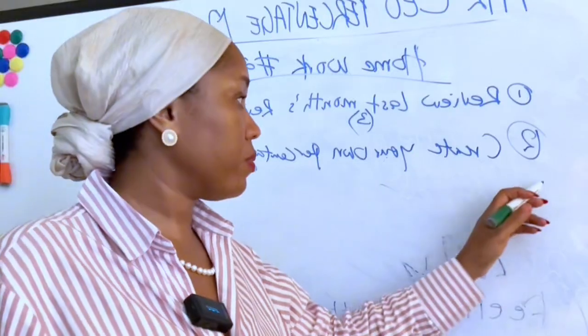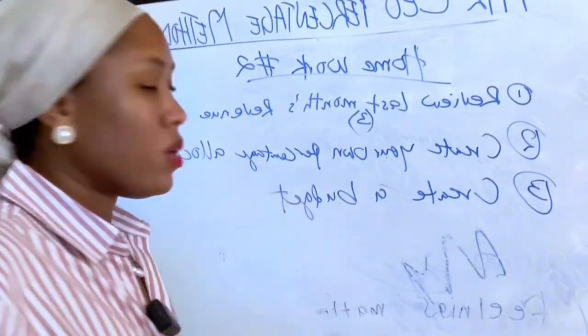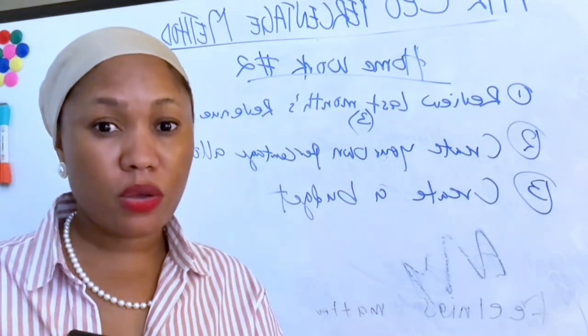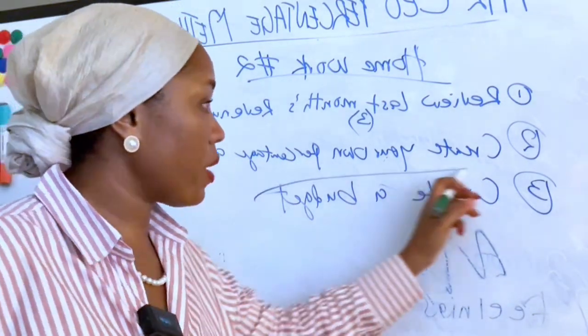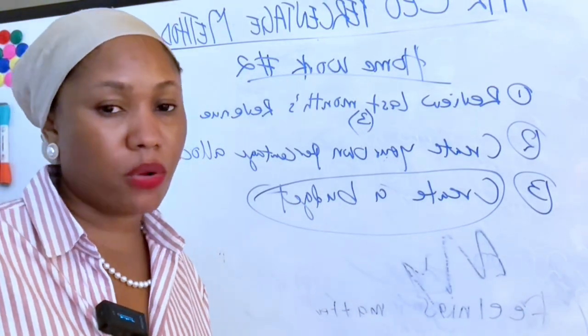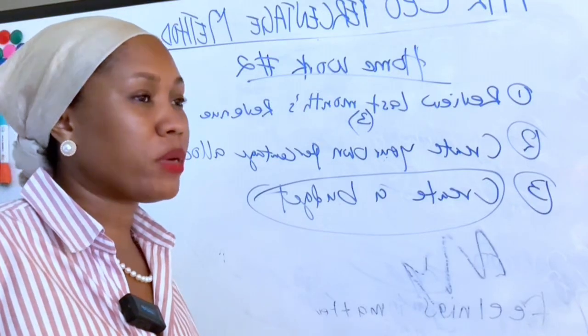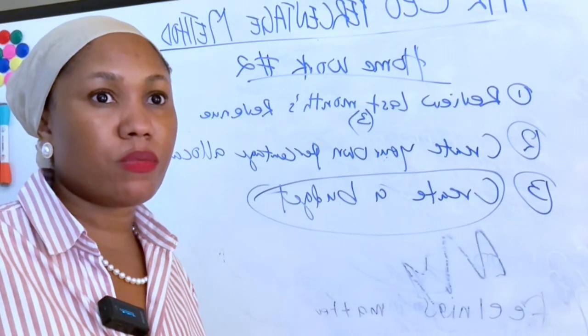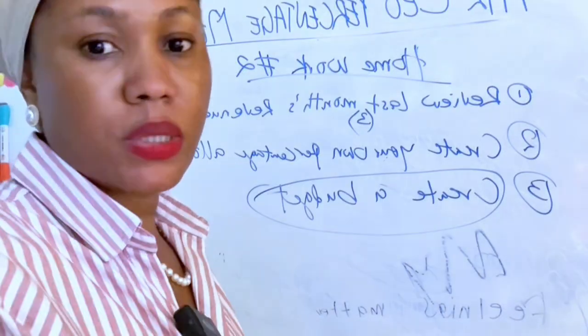Number 3, create a budget. Create a budget. You know why? Because if you do not create a budget, the whole allocation process wouldn't make sense at all. Because you're going to be like, okay, I don't even know how much I need, or I feel like I need way more money, and I'm just putting money away.